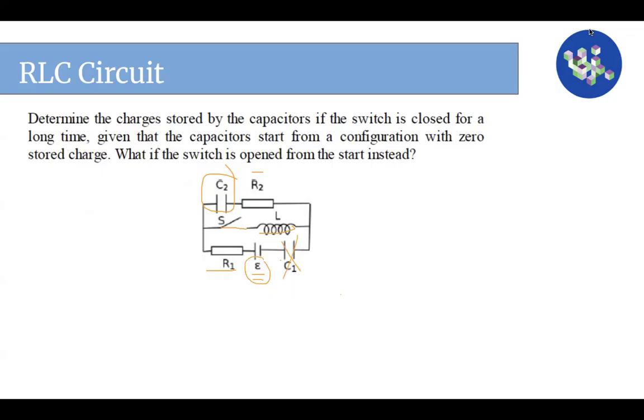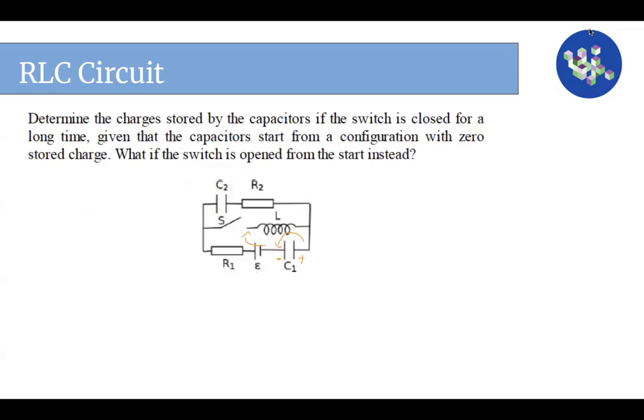But the purpose of the capacitor is that if I have the capacitor here, and let's say this is where the negative charges are stored, and this is where the positive charges are stored, right? So what does this mean? There's going to be a voltage drop over here, and a voltage rise over here. And in total, I want this voltage drop and voltage rise to add up to zero.